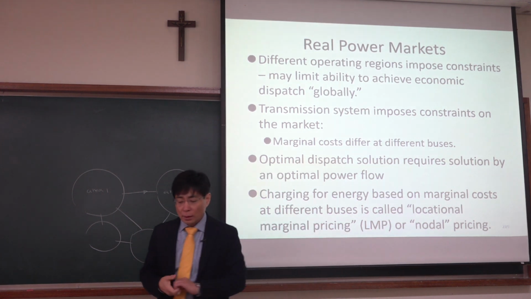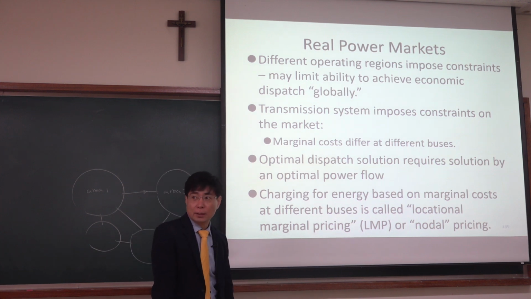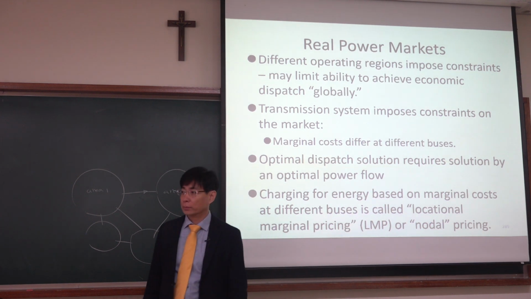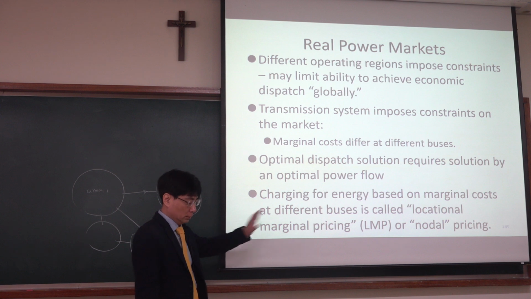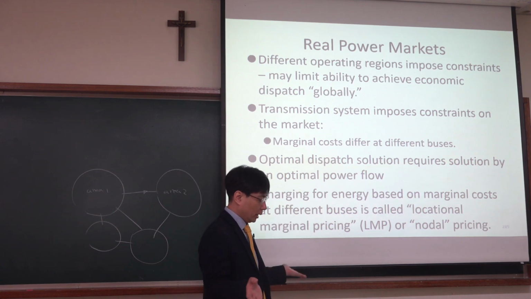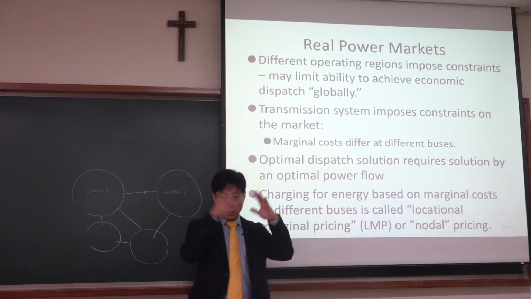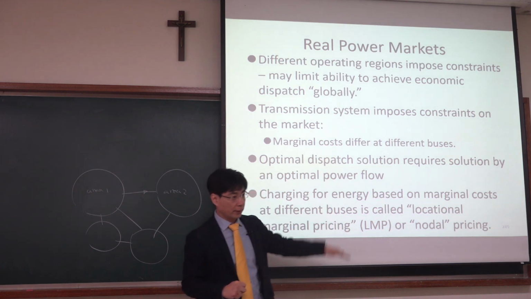But in some cases, when you consider just DC OPF, in that case, LMP is the same as the dual variable. And currently in the US, because they don't know how to solve larger scale AC OPF problems, they solve DC OPF for larger systems, and from that solution they use LMP now.